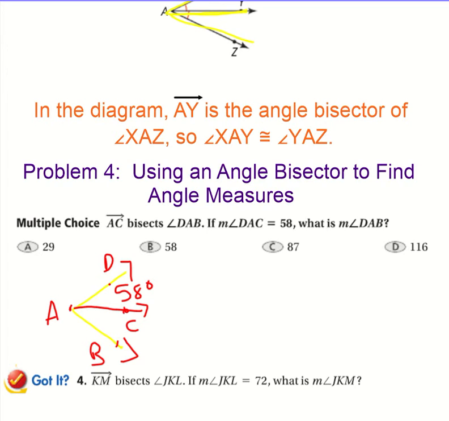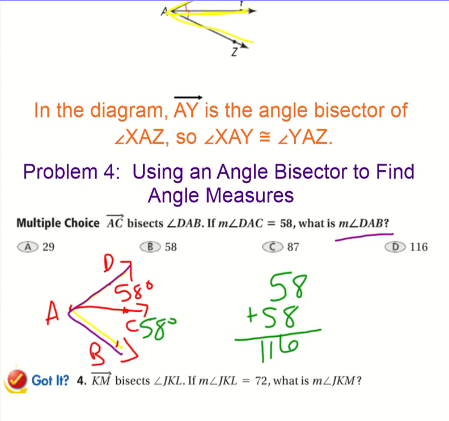So angle DAB is the big angle. If DAC is half of that, and that is 58, then CAB is also 58 degrees. If I add those two together, 58 plus 58, that gives me the whole angle, which is 116, so it must be D.